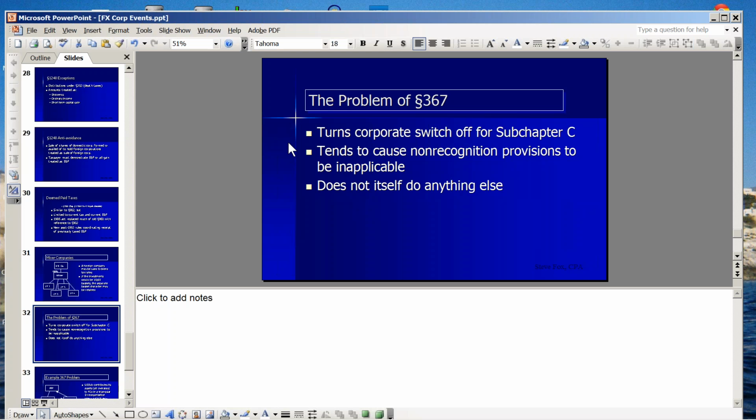So with 367, you have to look at what direction the transaction is. Is it inbound, outbound, or foreign to foreign? And once you've determined that, then you have to look at the regulations for that particular direction of transaction. There are separate regulations for those, and they say, okay, what does this do to me in this corporate event?